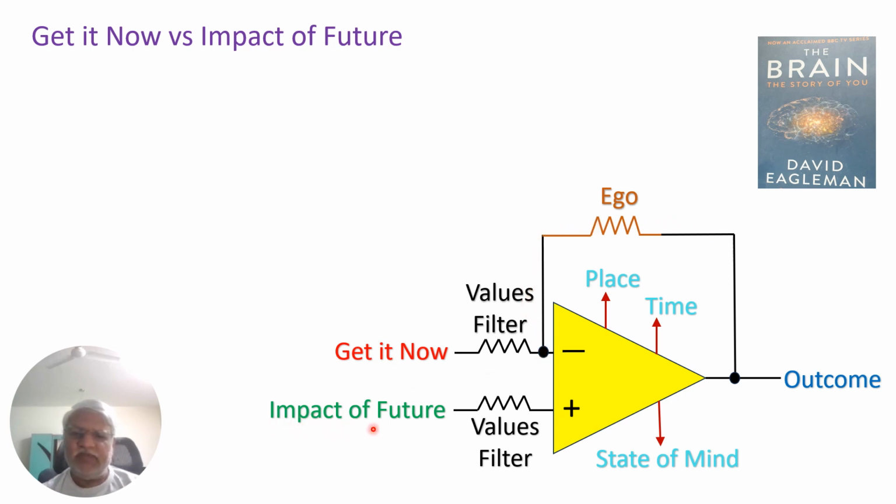In the same way, if you are doing good things based on considering various impacts of the future, the outcome will come, and that outcome will also give dopamine, which will again influence the ego, and it will sometimes fortify the ego, and it will again act like a positive feedback.